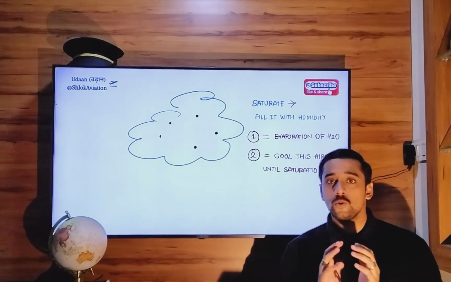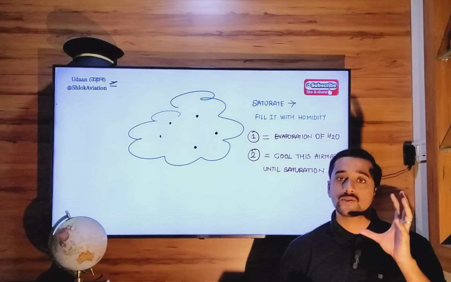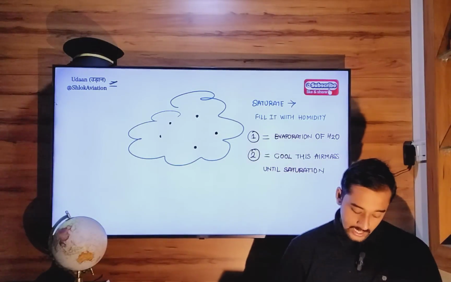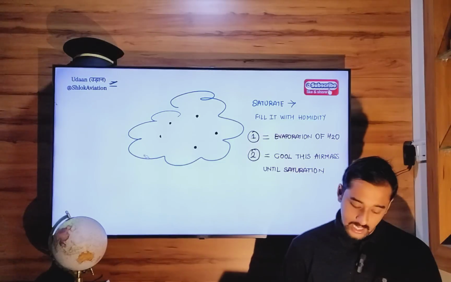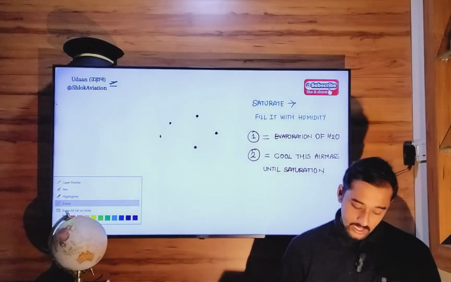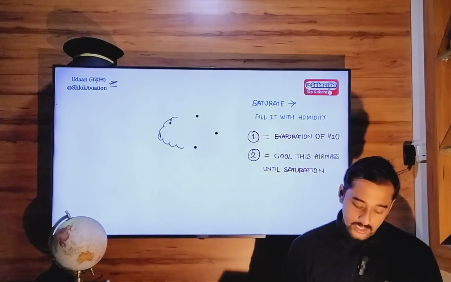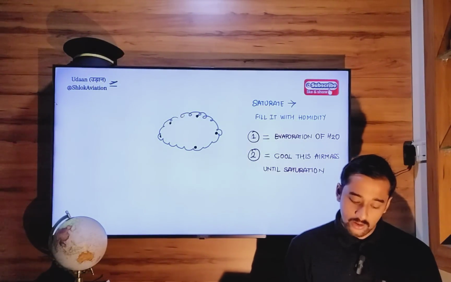Now what happens when you cool a certain object? When you cool, its volume decreases. So this air mass will start decreasing in size. So keep cooling, cooling, cooling.